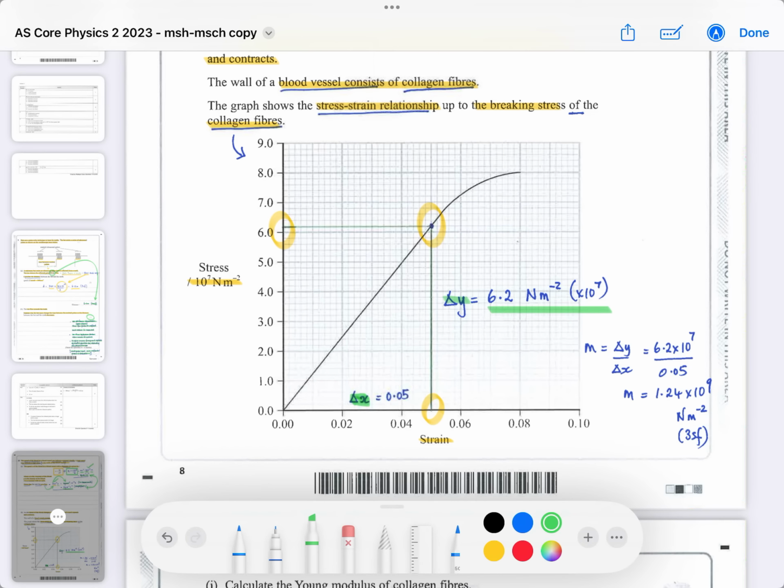So there's the difference in the y. Obviously it goes to 0, so you can show that it's -0 if you wish. I think that's superfluous in this case, and then obviously gradient is delta y over delta x, and you can show the final answer to 3 significant figures, and of course it has the units of newtons per square meter, and this is what the next question is going to ask you to do.